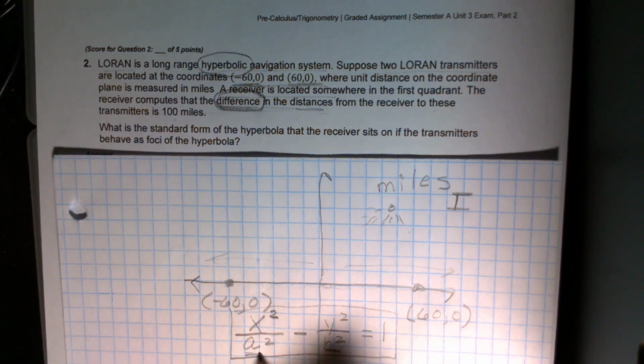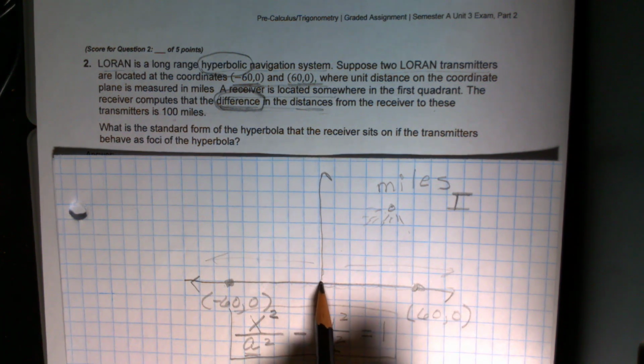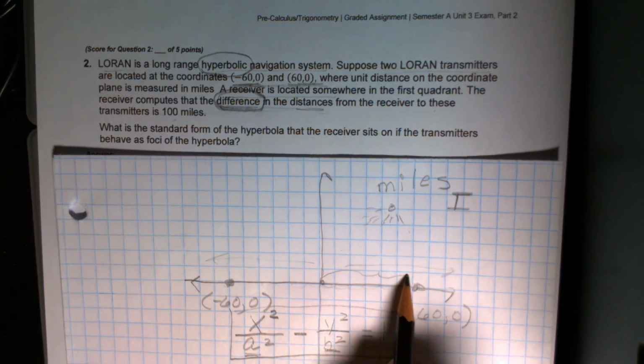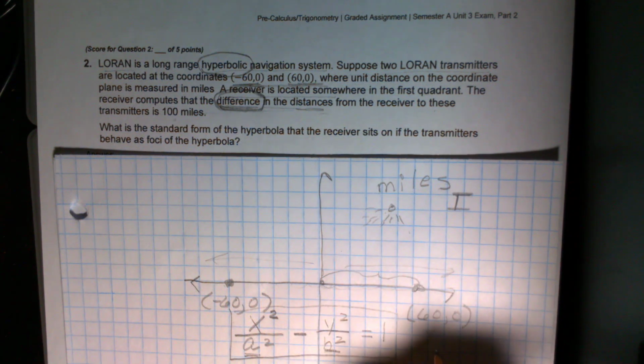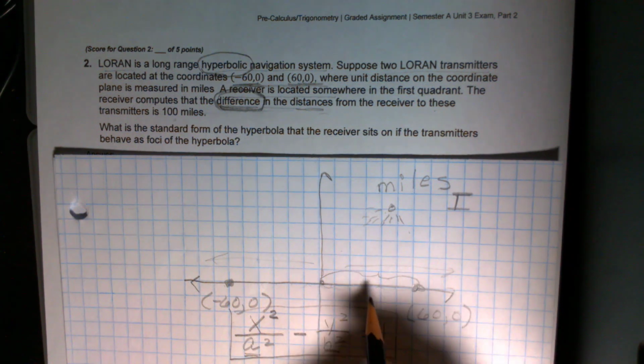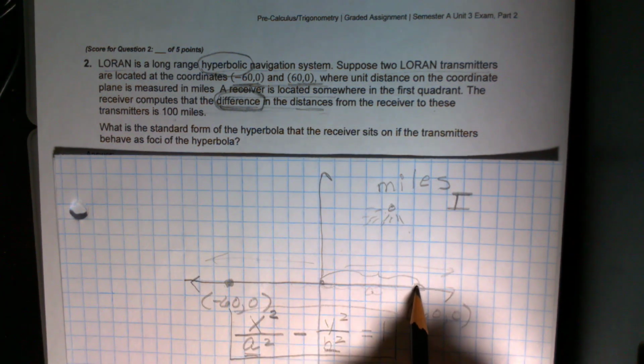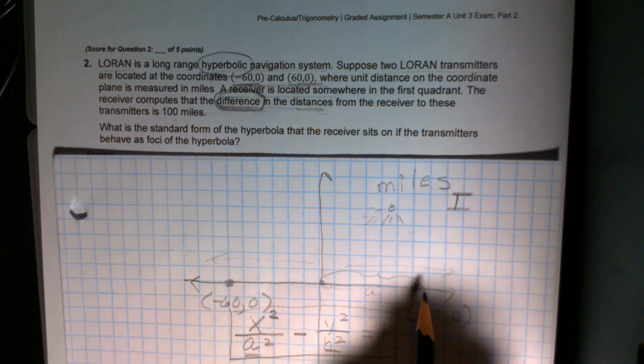But we've got to find them first, because I still don't know what this distance is from 0 to 60. I know it's 60 miles, but I don't know whether that's distance A or distance C. To the vertex would be A, to the foci would be C.